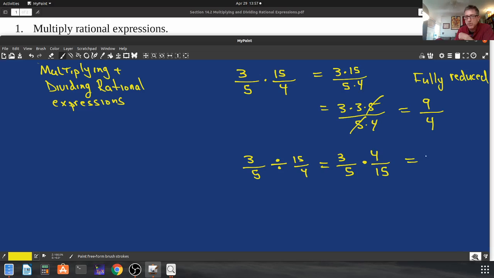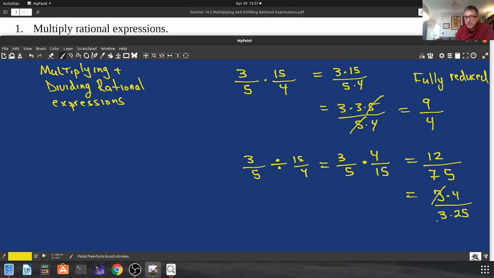3 times 4 is 12. And 15 times 5 is, I'm pretty sure, 75. And there are no common factors. Are there? Yeah. Well, 12 is equal to 3 times 4, and 75 is equal to 3 times 25.